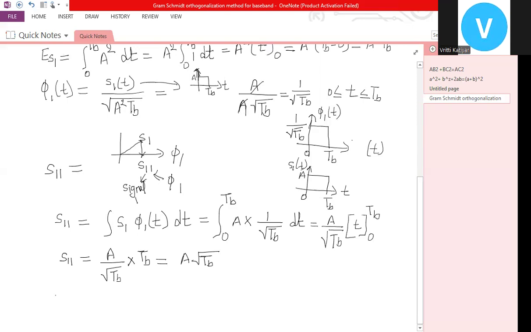Now we will be analyzing the signal S2 as for signal S1, which was written as S1(t) equal to S11 into phi 1, and both the unknown parameters are known to me now.